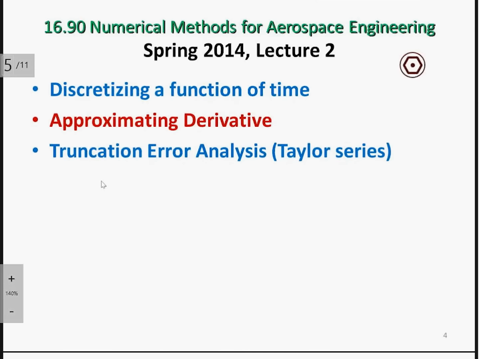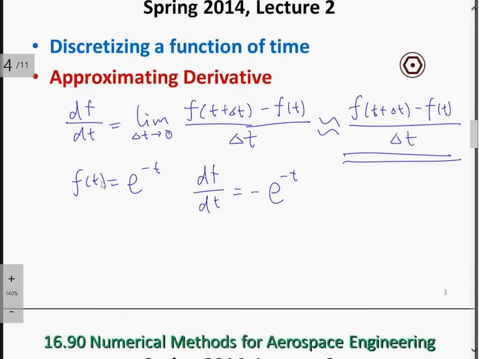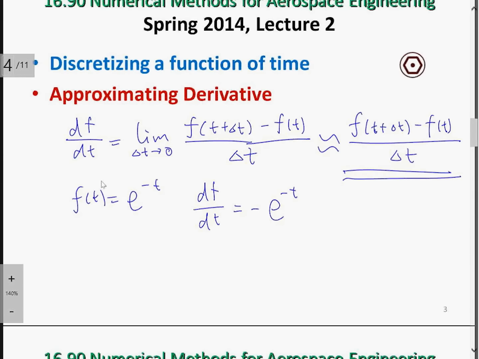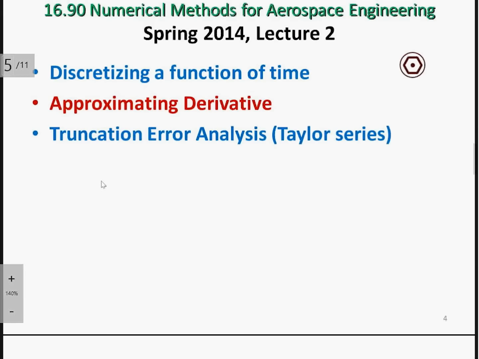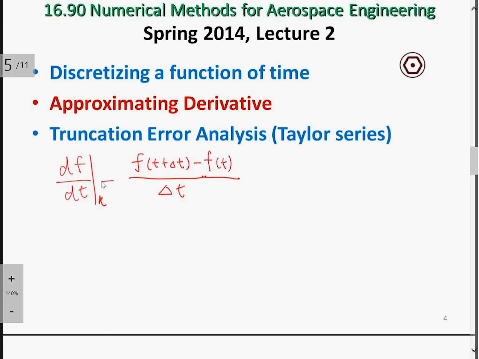We want to know how much approximation error we have by approximating the limit with this finite delta t. We want to know the difference between df/dt at some t and our approximation, f(t plus delta t) minus f(t), over delta t. How do I figure out this difference?